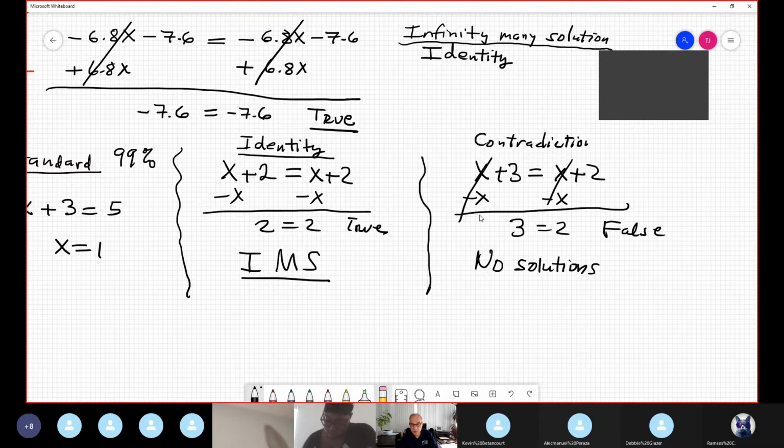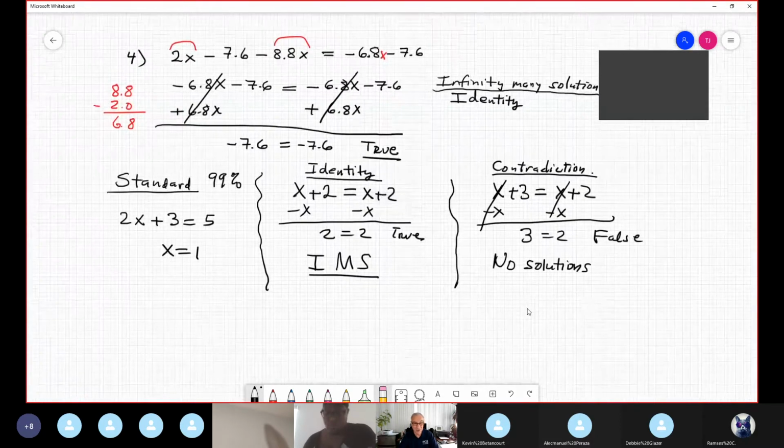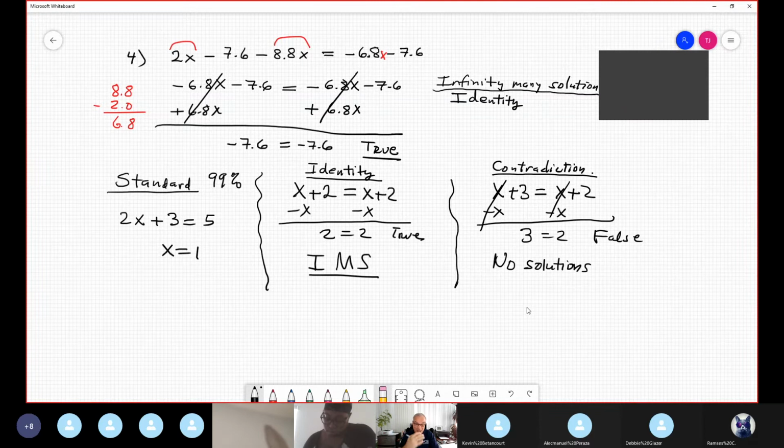Entonces keep in mind that we have three kinds of equation. The regular equation that we solve every day, standard, in which you have one solution, like examples 1, 2, and 3 that we are doing now, and two weird ones: identity, infinitely many solutions, and contradiction, que es no solution. Super, no problema, super.